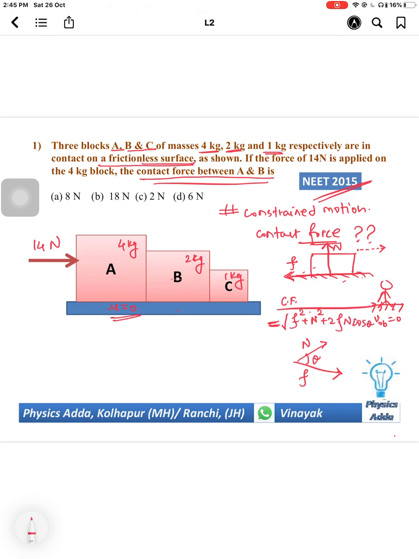But here this f is 0. So the only force providing a component of contact force will be the normal reaction.